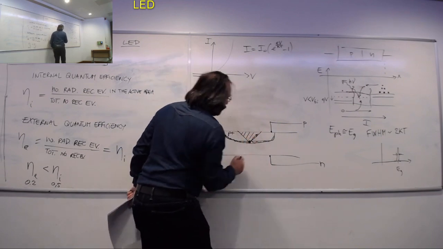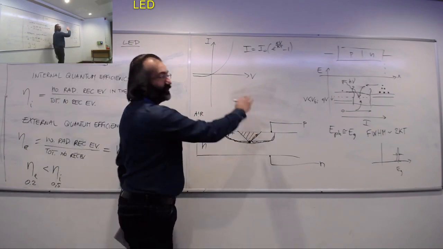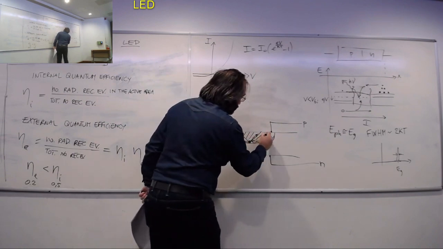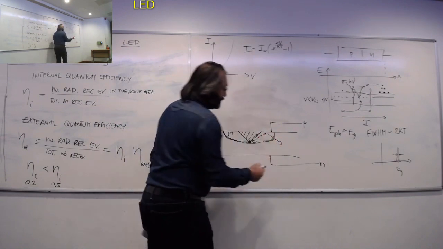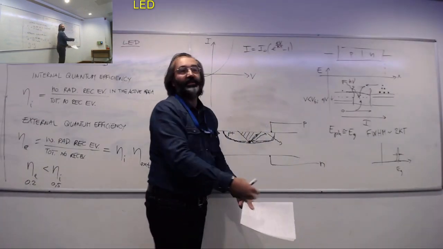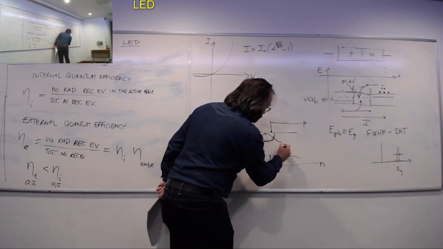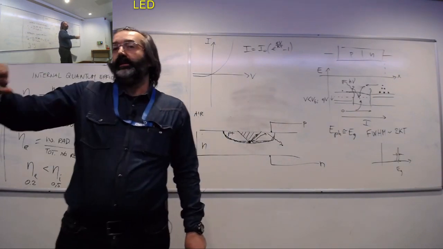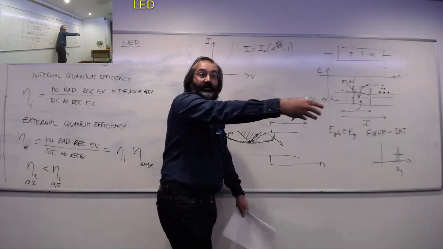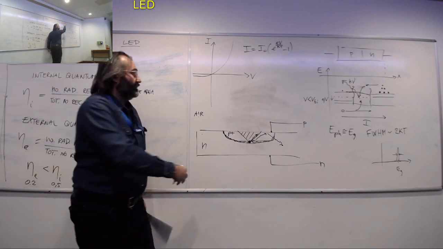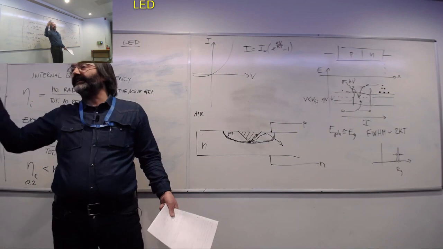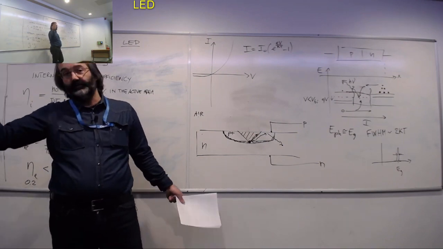Only the photons that are emitted within a certain angle can escape. All the others will undergo total reflection. This is the first problem, total reflection. And once they are reflected, they will go back into the semiconductor. It's very likely that they will undergo Auger absorption. That is, they will give back their energy to an electron, which will transform all that energy into kinetic energy, and then end up in the end as heat.